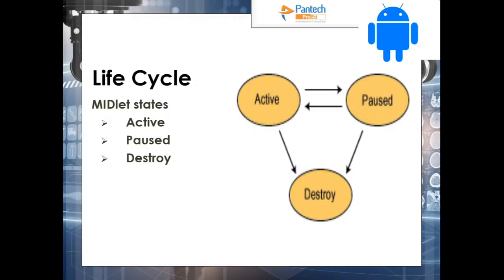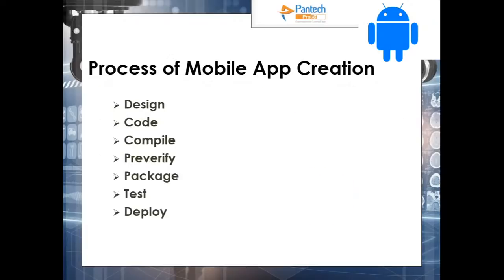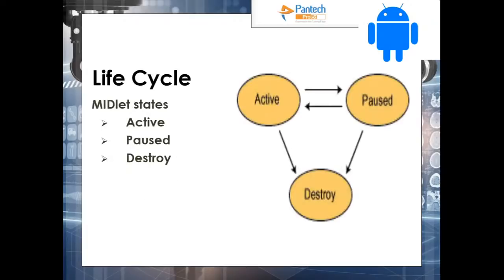That is the paused stage. If you want to destroy it, you use the clear cache or clear RAM memory options. That is the destroy option. So this is the life cycle of apps.